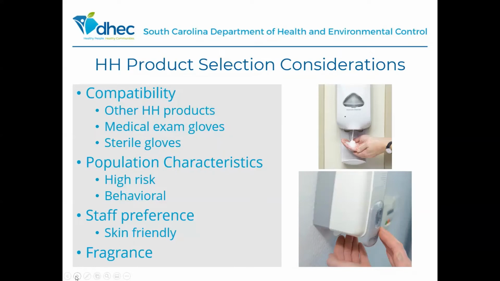Most importantly, it should also include staff preference. If the staff don't like the product, they're less likely to use them. So when you are doing your product selection, you should invite some staff to actually palate it and to look at it and try it out, get some samples, let them see if they like it, because if they don't use it, you're defeating the whole purpose.